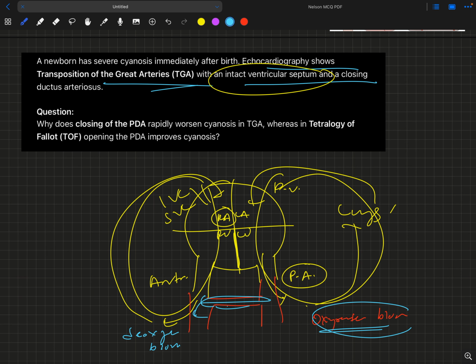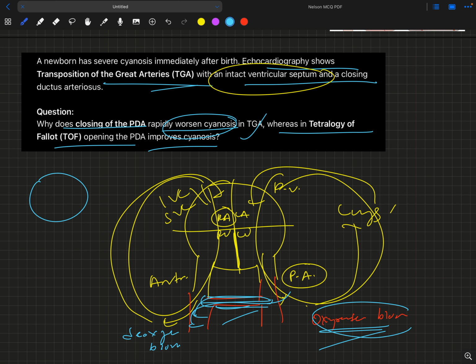Whereas in tetralogy of Fallot, opening of the PDA improves cyanosis, same thing. So in case of TGA and TOF, we have to keep this ductus arteriosus open before we do surgery. If we close it, then there will be worsening of cyanosis. In tetralogy of Fallot, there is already decreased pulmonary blood flow. This is the pulmonary artery.